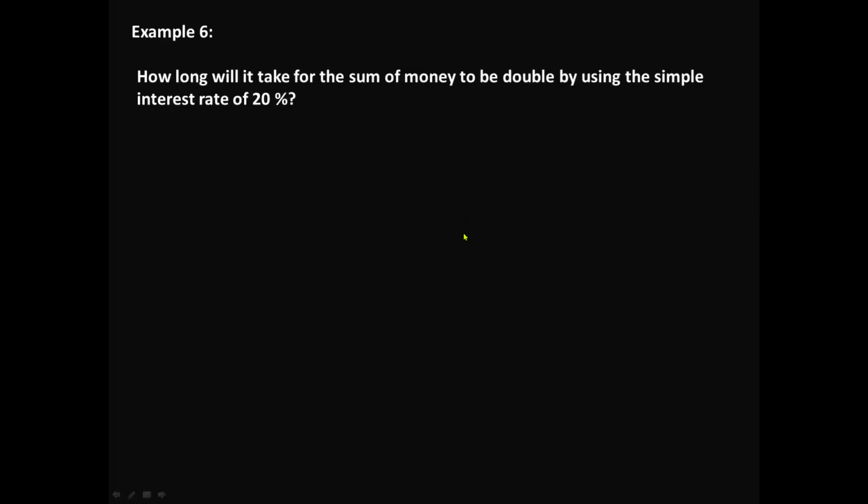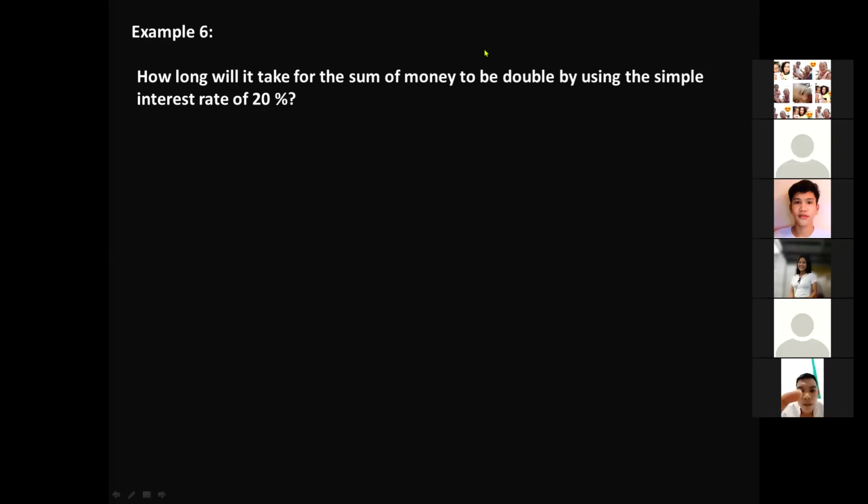How long will it take for the sum of money to be doubled by using the simple interest rate of 20%? Dito kung titingnan nyo, parang walang given na iba, kundi yung 20% lang. Kapag sinabi kasing double your money, ibig sabihin yung principal mo, pagdating ng future, magiging doble.